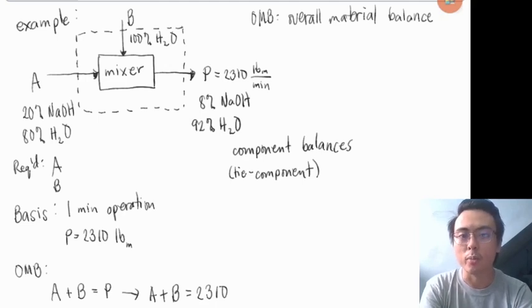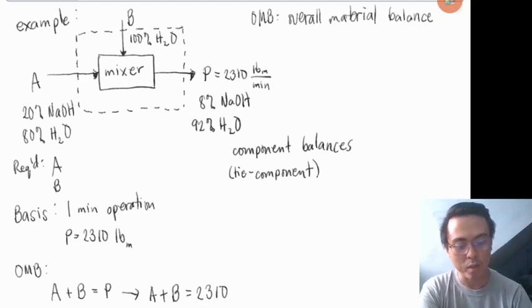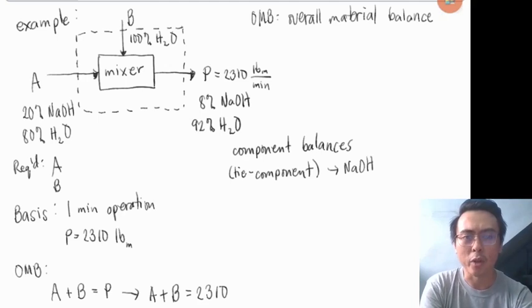If you take a look at sodium hydroxide, it goes in through stream A and it exits through stream P. So it satisfies the criteria of a tie component because it goes in through one stream and goes out through one stream. So we can write here that our tie component is sodium hydroxide. It's important to determine the tie component to lessen the complexity of a material balance problem because it's always easiest to perform the tie component balance first.